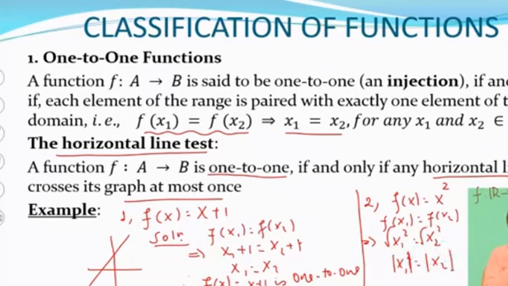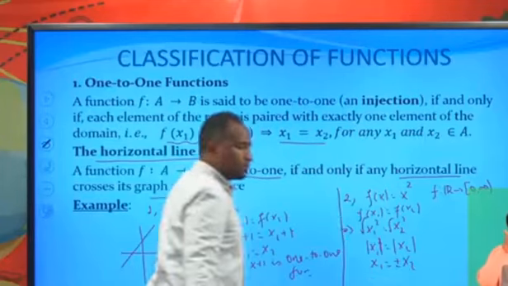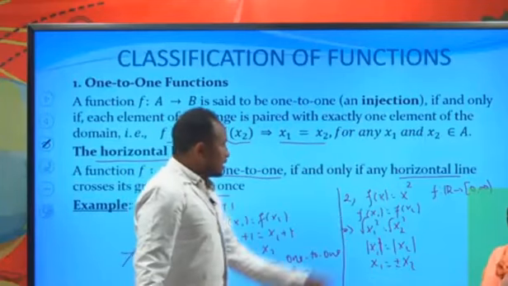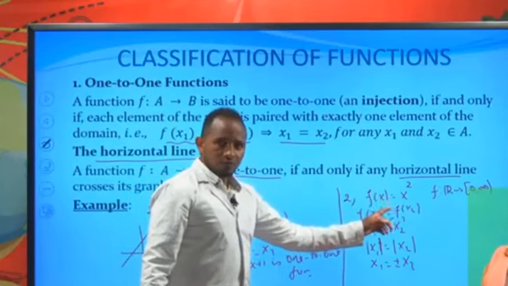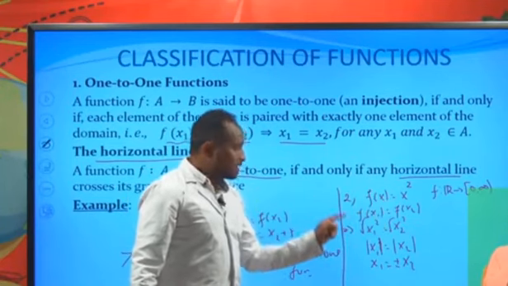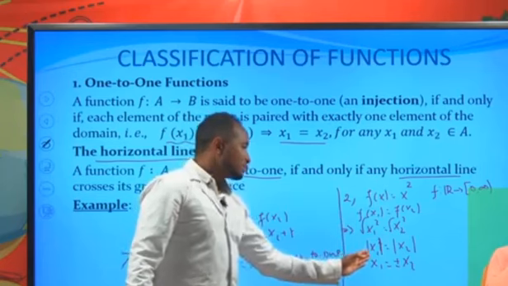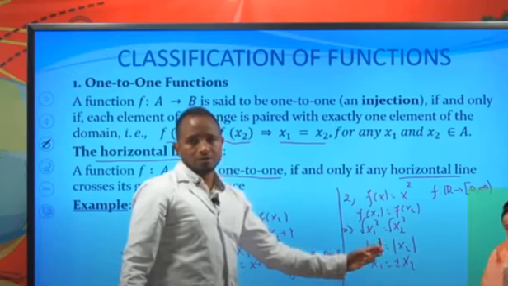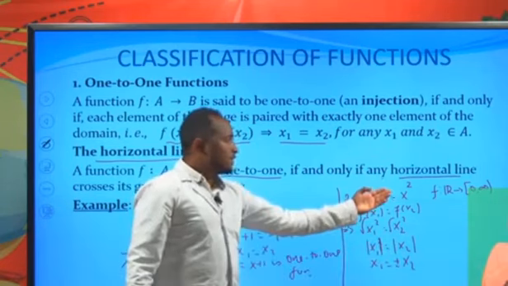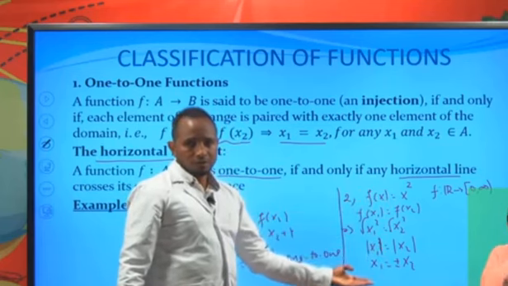When you solve this, you will have x1 equals plus or minus x2. So as you can see, f of x1 equals f of x2 doesn't directly imply x1 equals x2. It may be x1 equals x2 or x1 equals minus x2. Because of this, this function is not a one-to-one function.